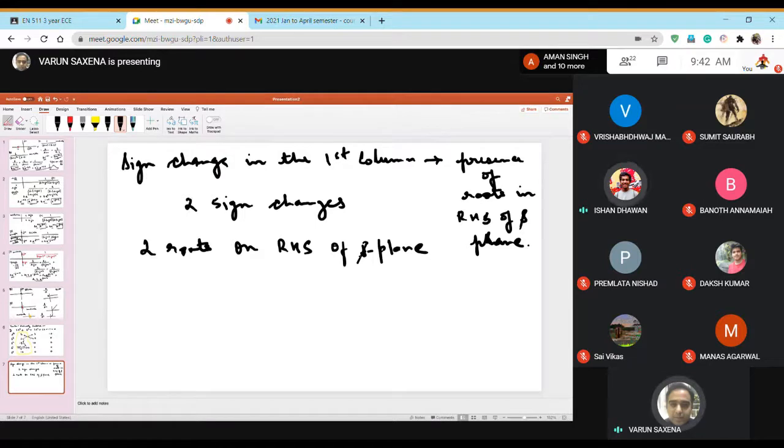Before you go, sir, this method that we have used is essentially a continued fraction expansion. If you look at Hurwitz criteria, that is a continuous expansion. Some kind of a modification of that only.